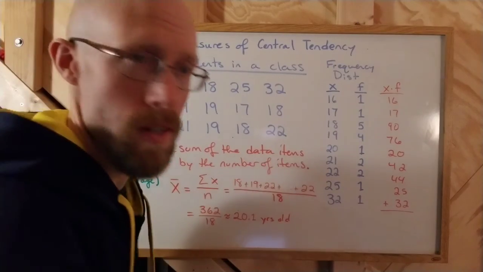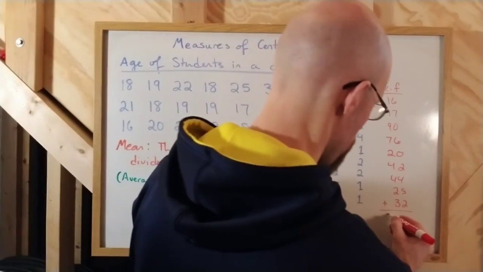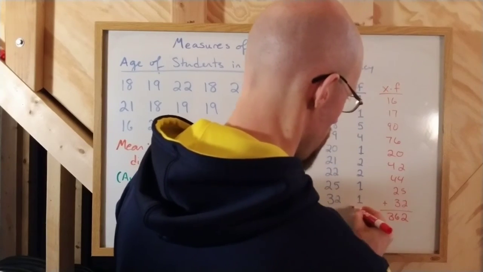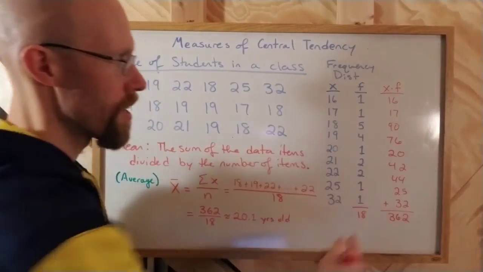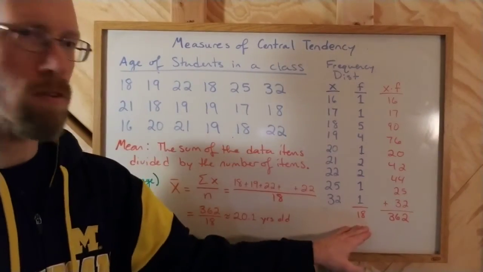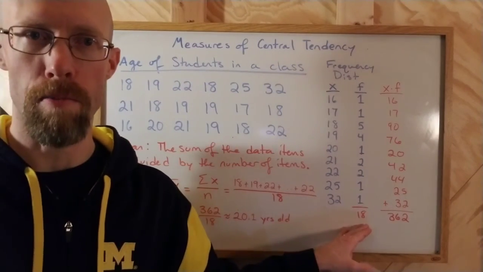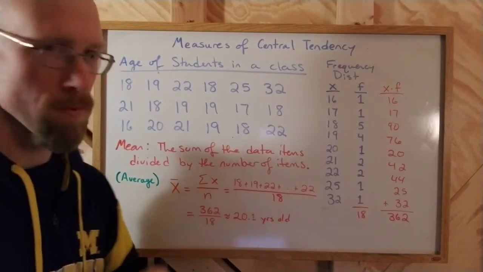And yes, I get 362 out of that. If I add up my frequencies, I get the 18, and you just divide the products by the 18, the number of items, and that will give you the same 20.1.